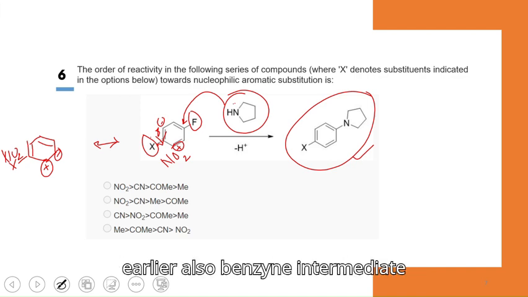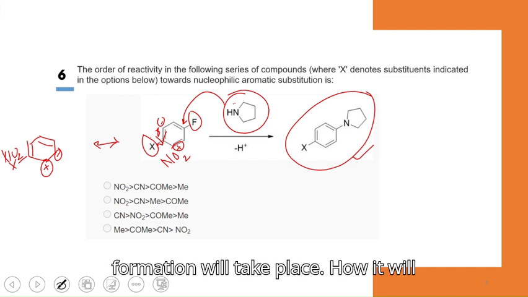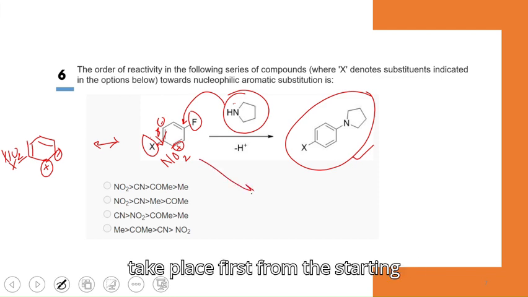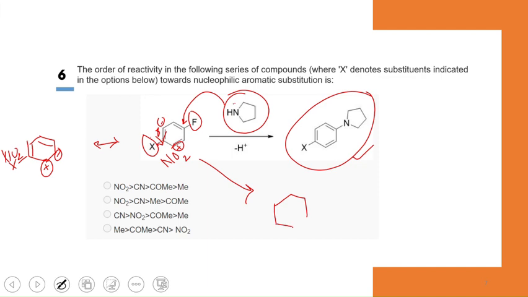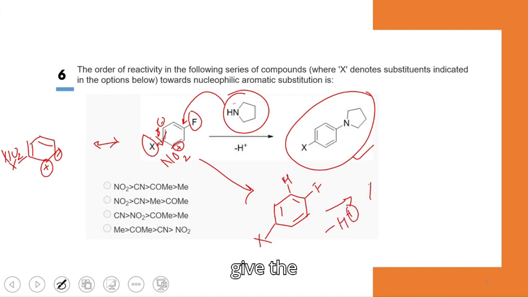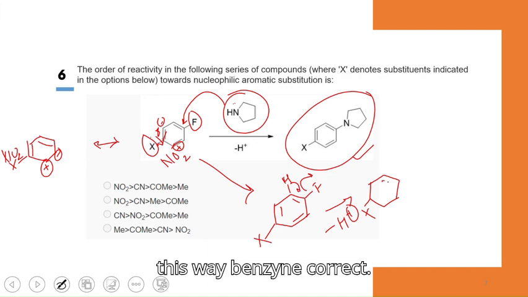I told you earlier also, benzyne intermediate formation will take place. How will it take place? The proton abstraction will take place first from the starting material. Minus H plus will take place to give the benzyne, correct?